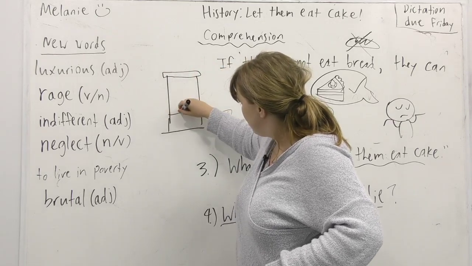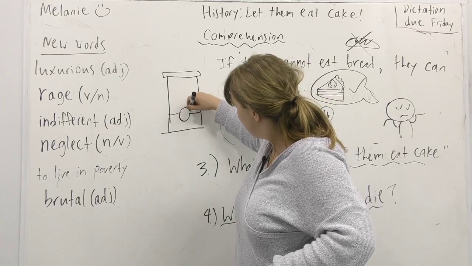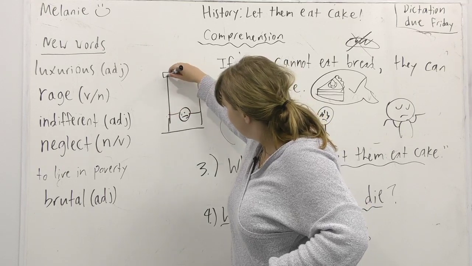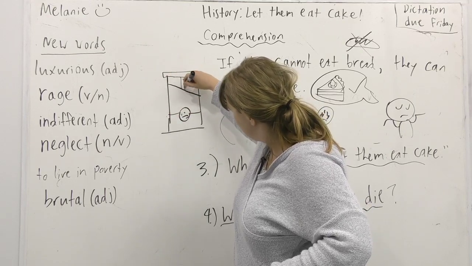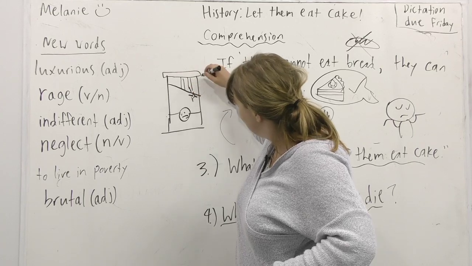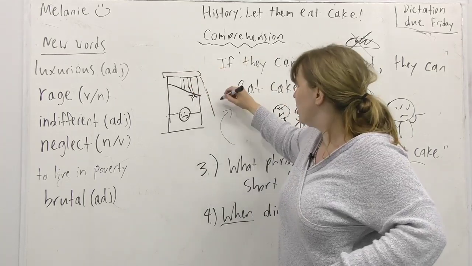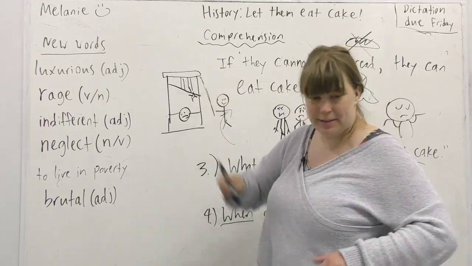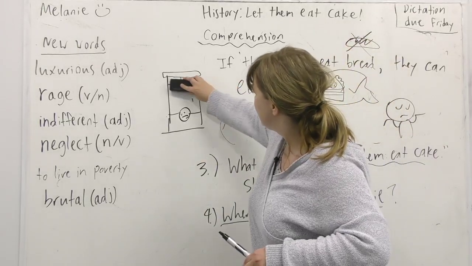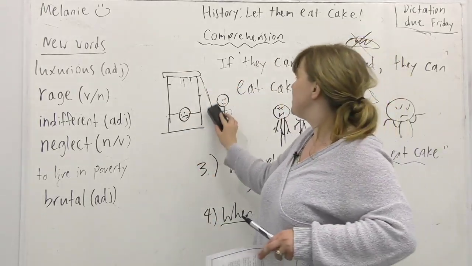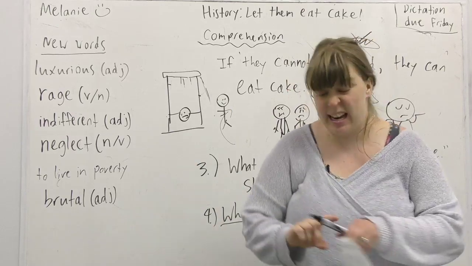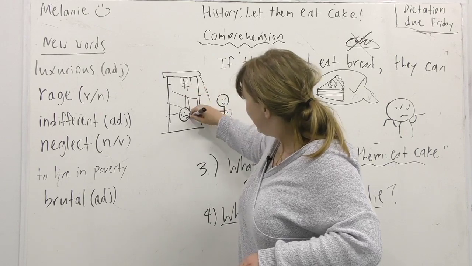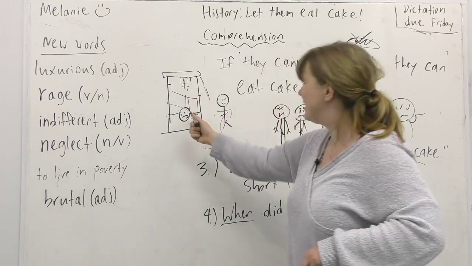Basically, what you do is you put your head here, and here you have a very sharp blade. Ding! And you drop a rope. If you let go of the rope, the blade comes down, whoosh, and chops the head off of somebody.